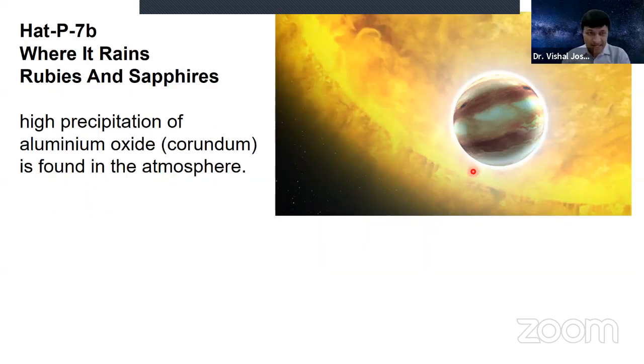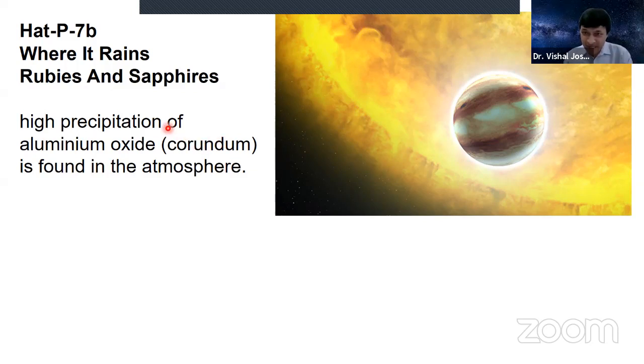Another example is HAT-P-7b. This is a very interesting and very unique system. When we studied the atmosphere of this transiting planet, we discovered that the atmosphere is very rich in aluminum oxide. This is corundum. And we know that rubies and sapphires are actually the crystalline forms of corundum.